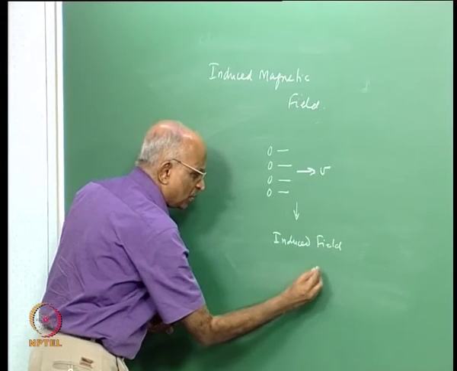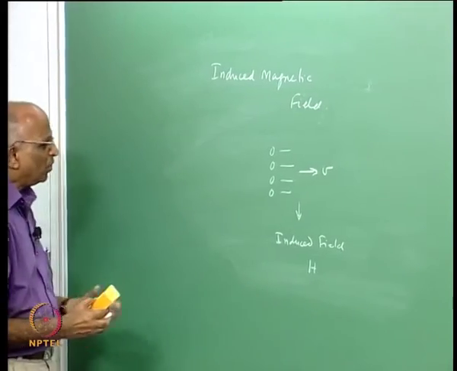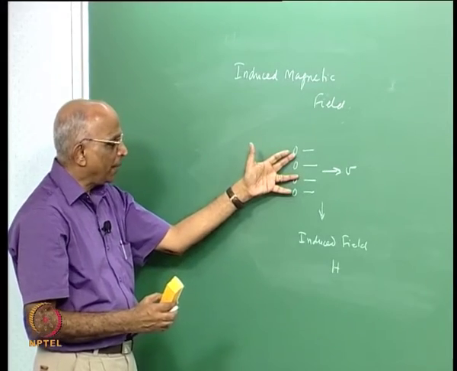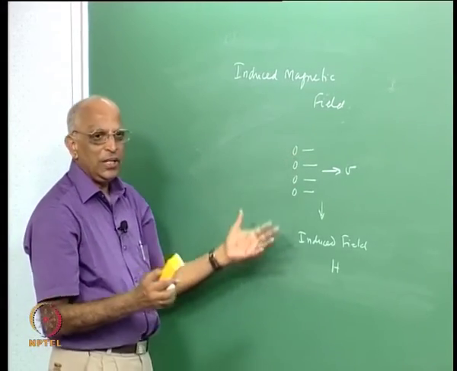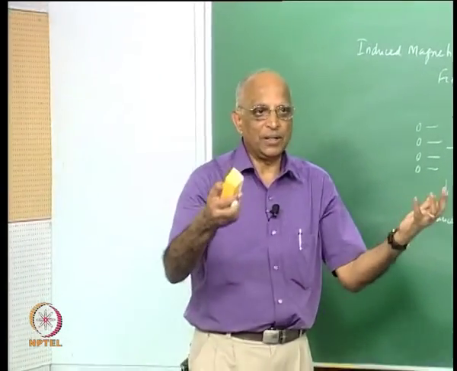In some textbooks it is denoted by H, but we will see what is the unit of this before we put the value down. All we are saying is, it is not necessary that only a magnet can produce a magnetic field. We always talk in terms of the electromagnetic field.